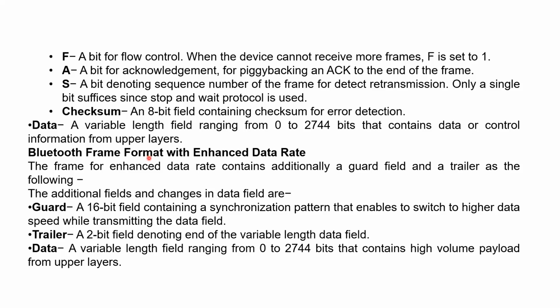There is one more Bluetooth frame format, which is called as enhanced data rate frame format. So this deals basically with the enhanced data rate. Apart from the basic frame, it consists of two more fields in enhanced data rate Bluetooth frame.